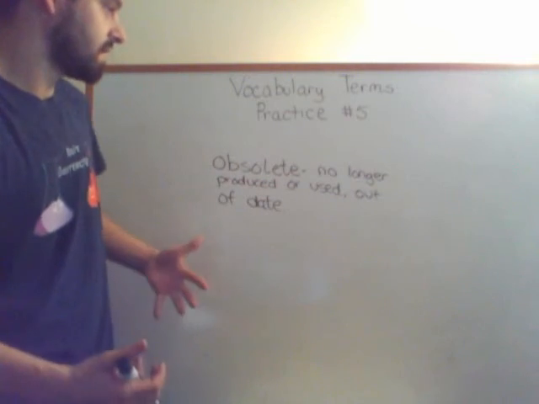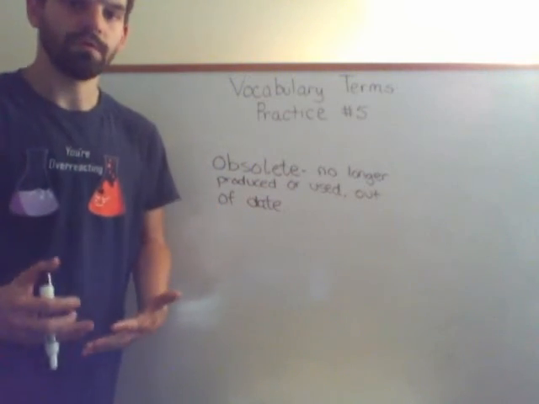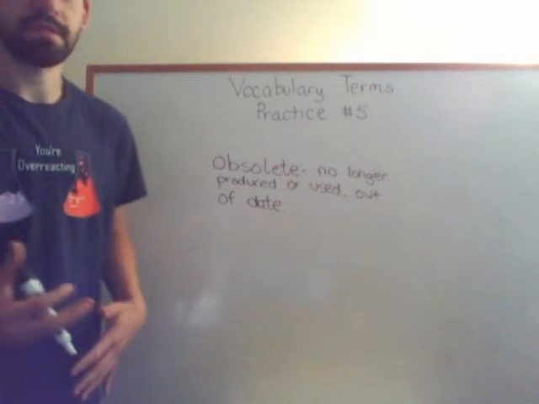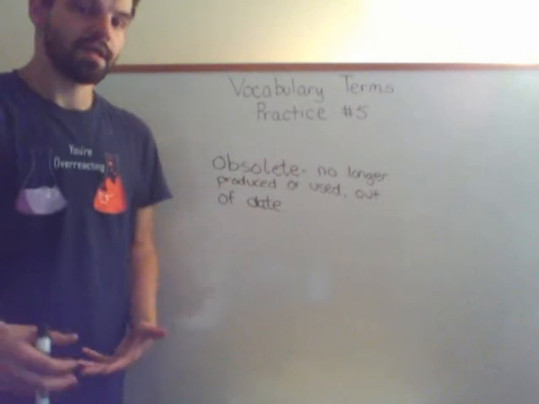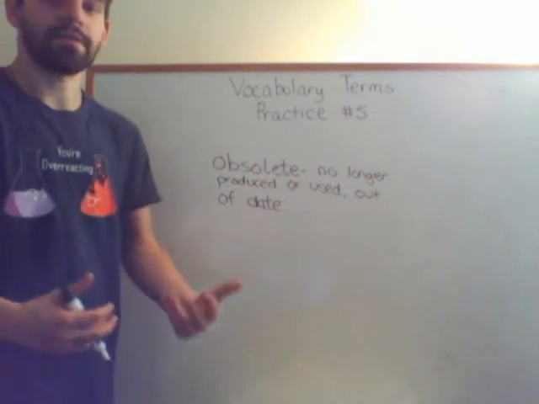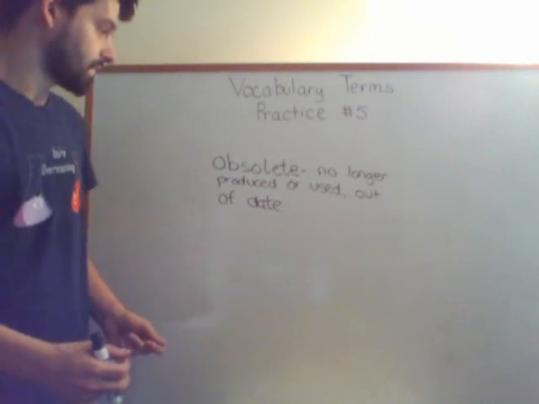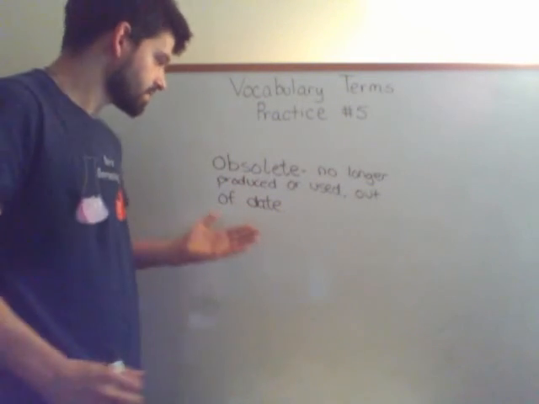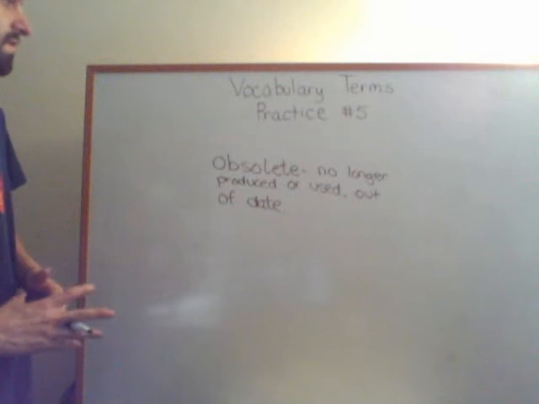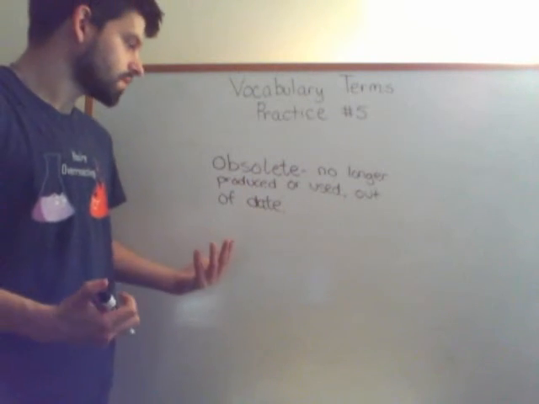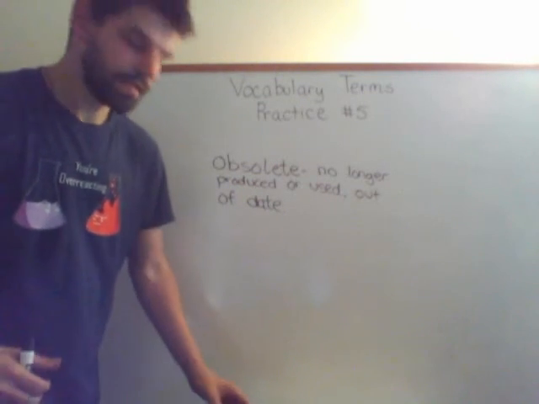And when they become no longer usable, you can dispose of them because they become obsolete, they're out of date, and you usually buy a more modern or a brand new one. Okay? So this is our fourth word, obsolete, O-B-S-O-L-E-T-E, no longer produced or used or out of date.